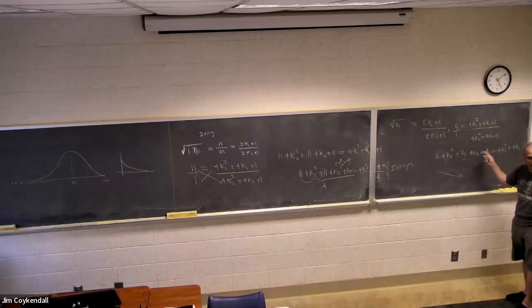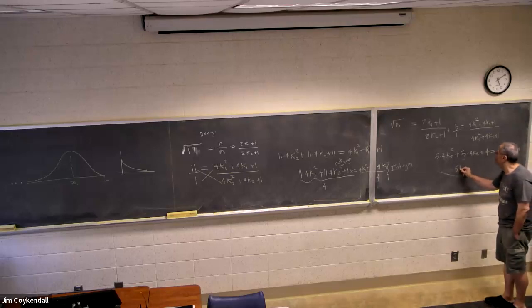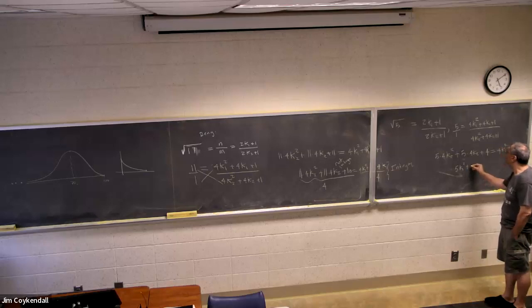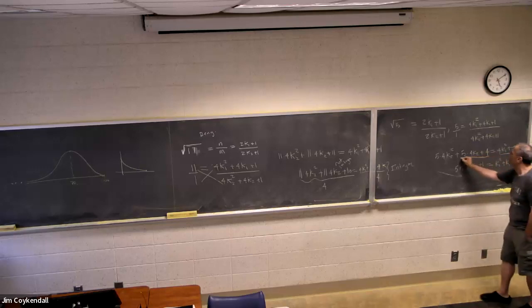I skip one step, because here you have plus 1 and then you move it. Okay, let's divide both sides by 4. What you end up with is 5k2 squared plus 5k2 plus 1 equals k1 squared plus k1, dividing both sides by 4.